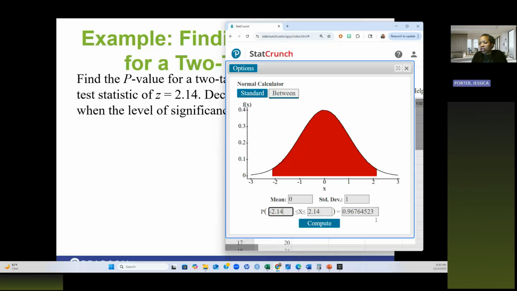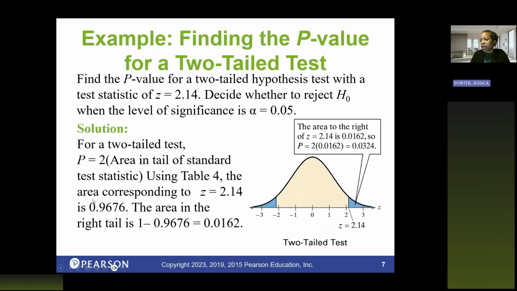So what you're going to have to do is subtract this number 0.9676 from 1, because what you want is these outside areas, this one and that one. So you will subtract 0.9676 from 1 to get that. Let's see how that looks. And you will get 0.0162.